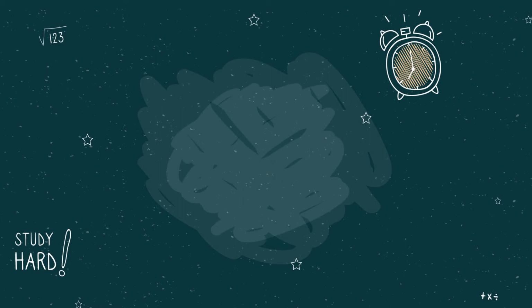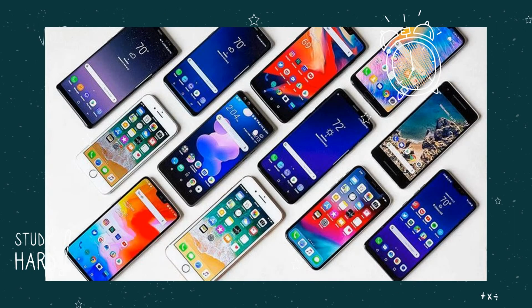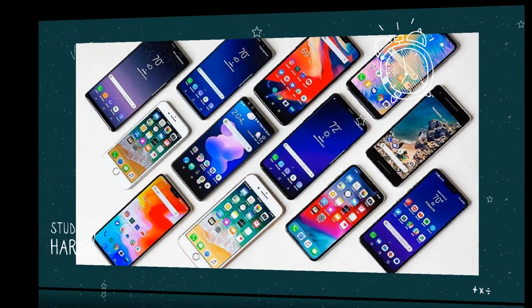Because they have been replaced with a new technology that we call smartphone. We no longer write postcards to our friends or family because we have phones to communicate with friends. But we still need to know that there is another way to communicate with friends. So, let's study about postcards.